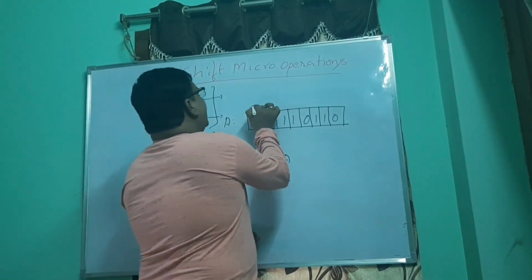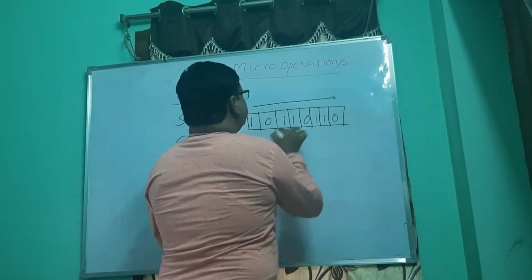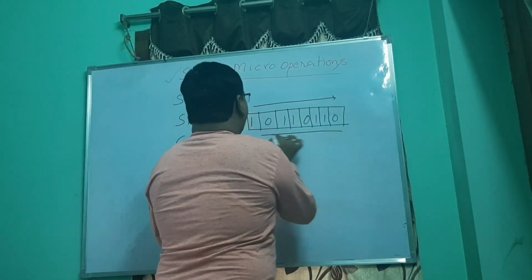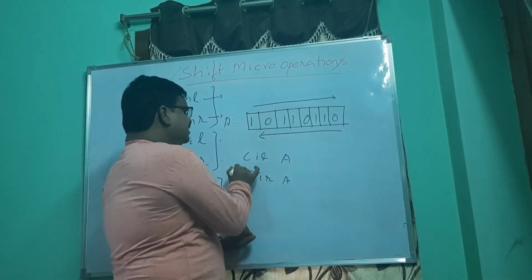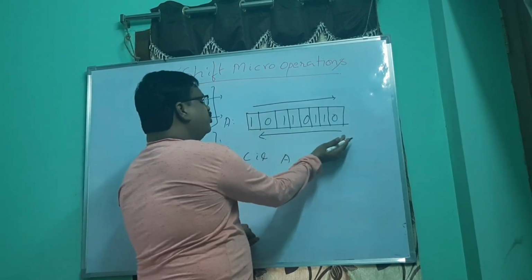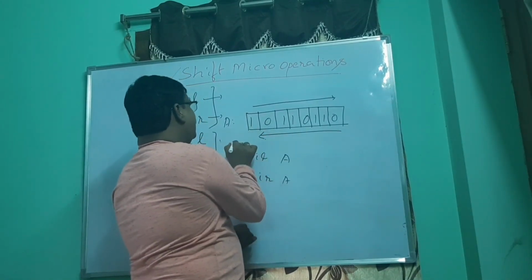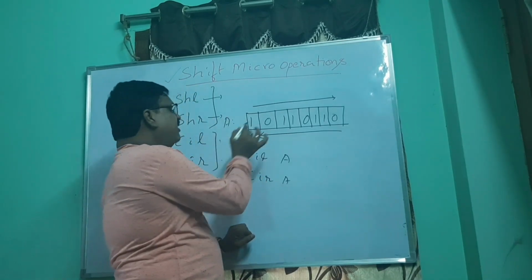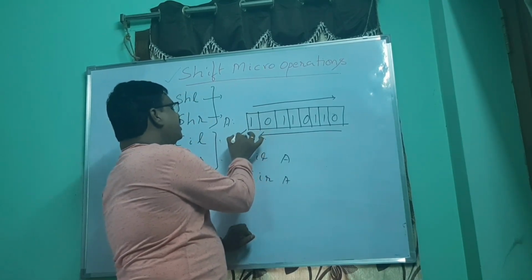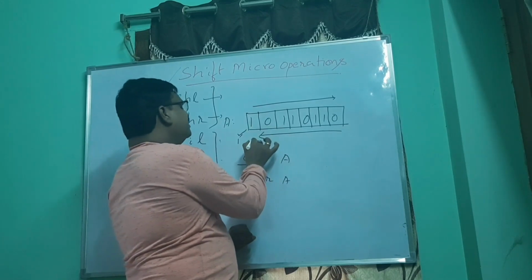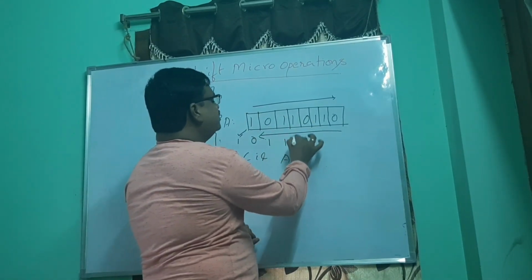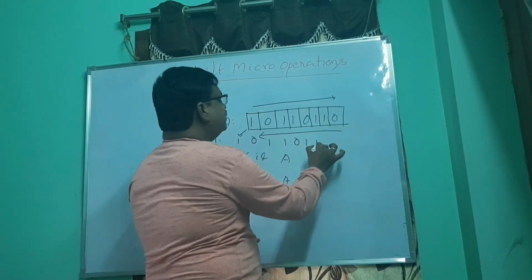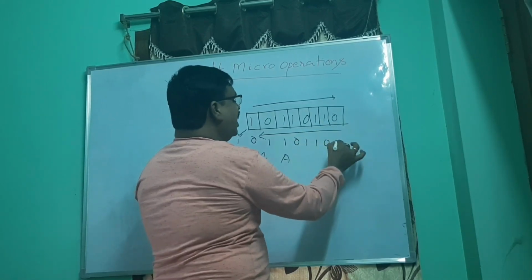What I told you, either in this direction or in this direction, you shift one bit position for each single command. So if you are moving from this side, previously in the normal shift left, this 1 will come to here, and there's this 0, this 1, this 1, this 0, this 1, this 1, and this 0.